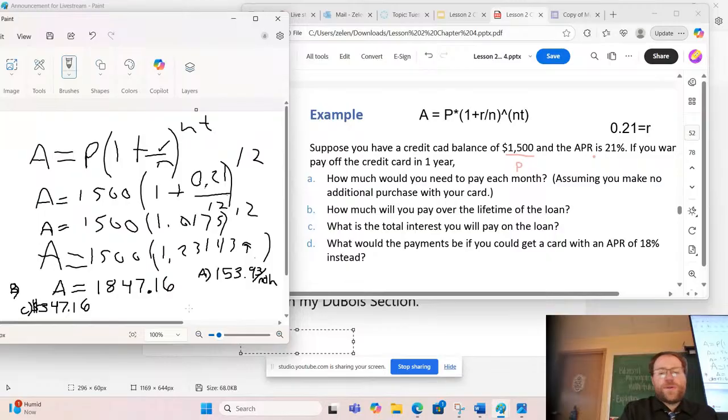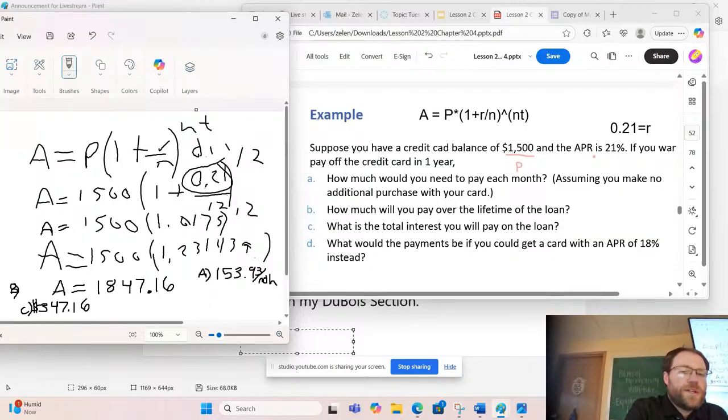Part D, what would the payments be if you could get a card with an APR of 18%? The only thing that would change in this problem is that the 0.21 would go to 0.18.